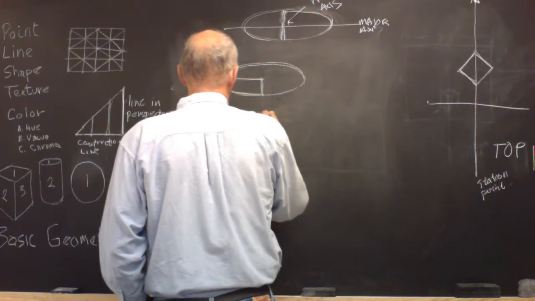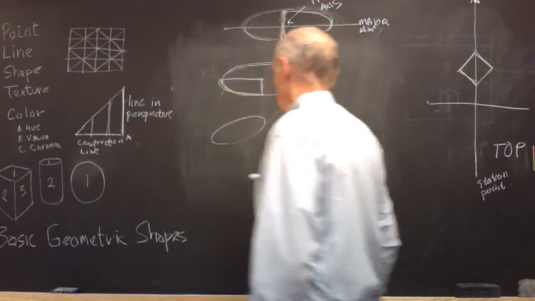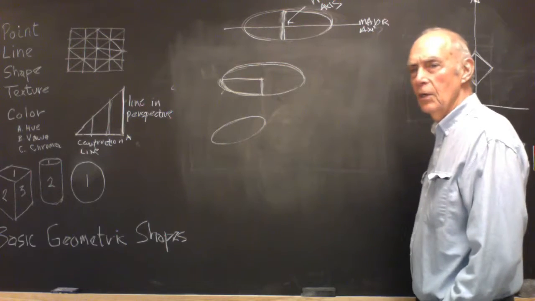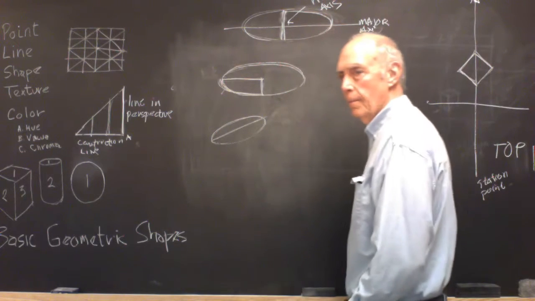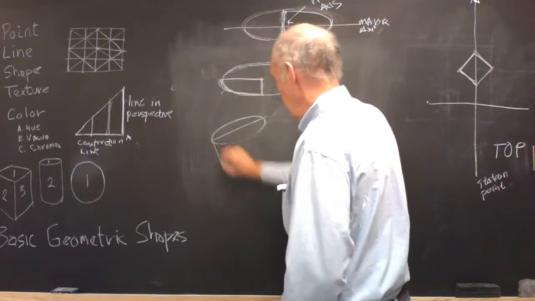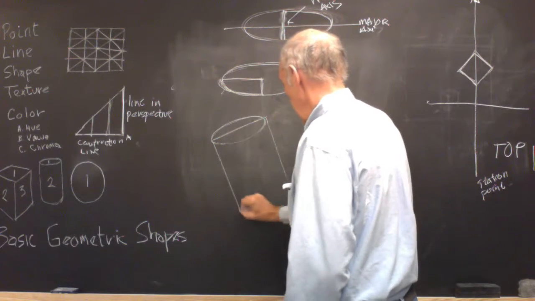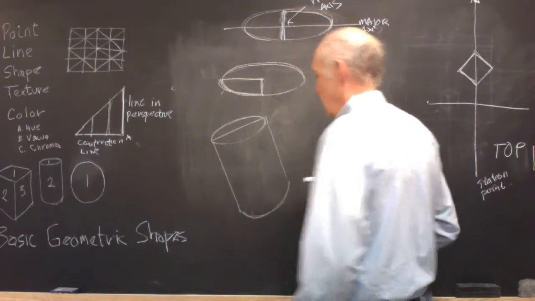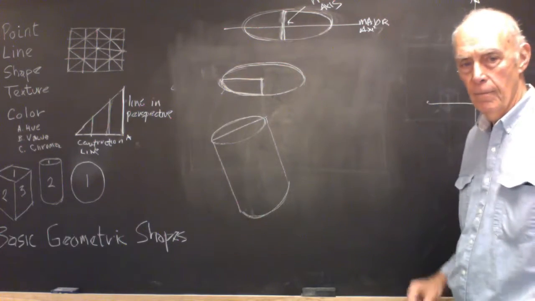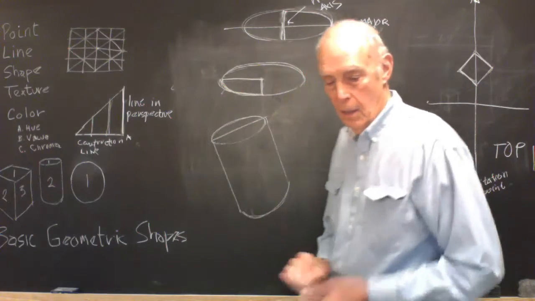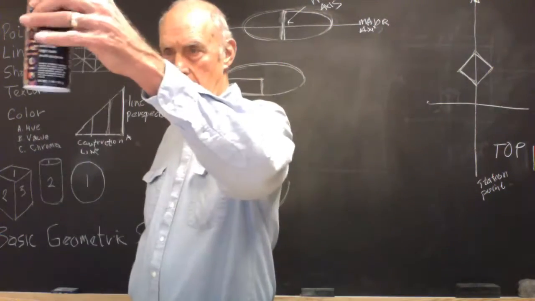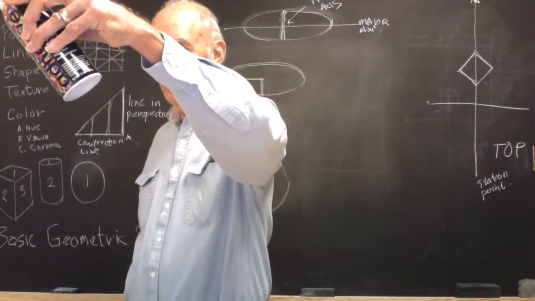What's wrong with this ellipse? Looks pretty good. Yeah, the major axis is tipped. So I'm drawing a cylinder that's like this. And if these lines are parallel, all I'm doing is this. I'm rotating it with the picture plane.